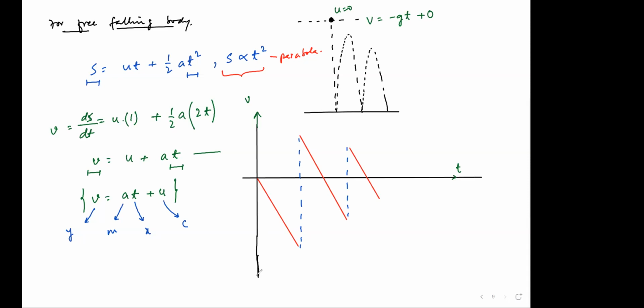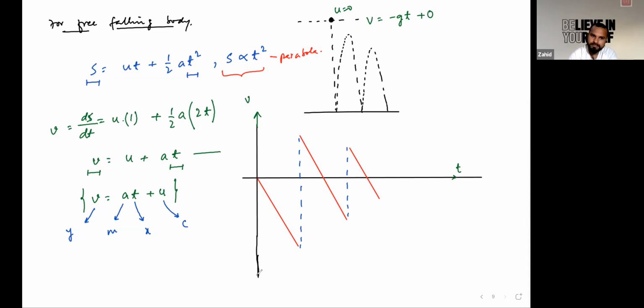In this part, the body is in free fall, so its initial velocity is 0, and it is going along the downward direction, and gravity is always taken as negative for the whole motion in gravity problems. So it will be minus g times t plus 0.